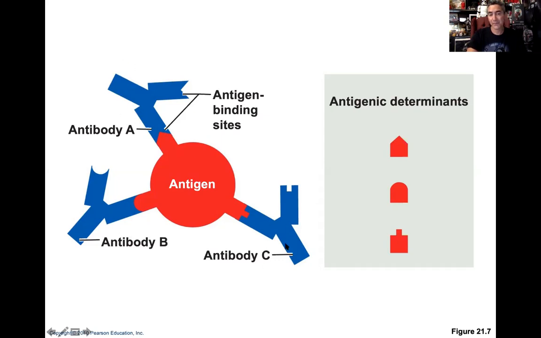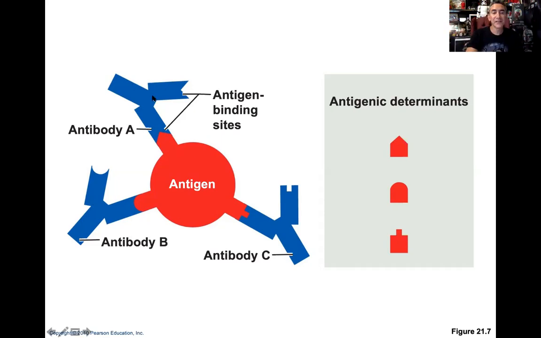That's important because that means that we have various, more than one type of antibody attacking a particular antigen. So that antigen is being attacked by different antibodies at different locations.